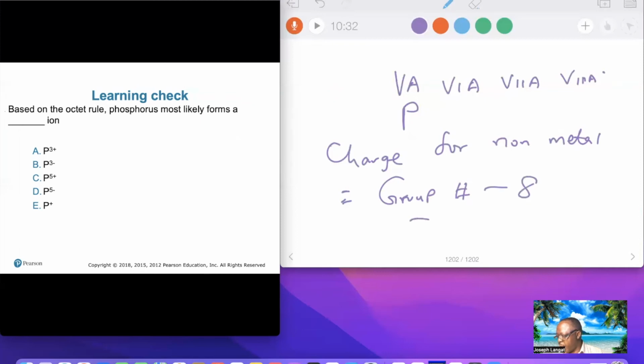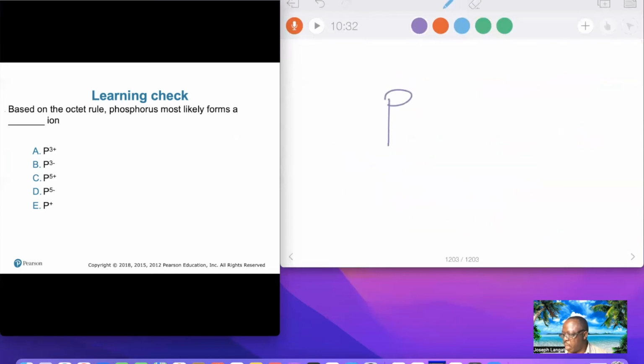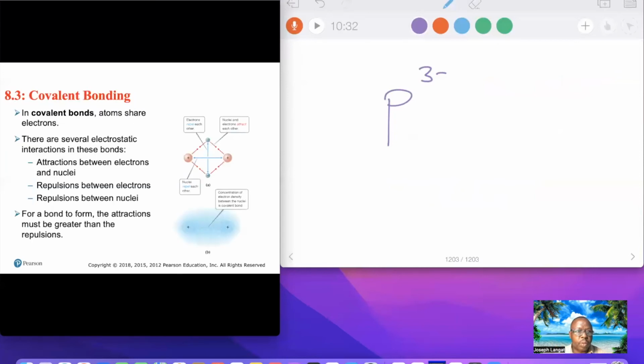For example, 5 minus 8 equals -3. This is the charge on the ion, which is B in this case. Correct answer is B.